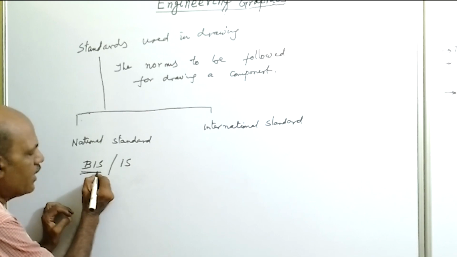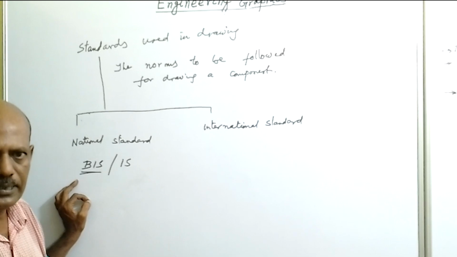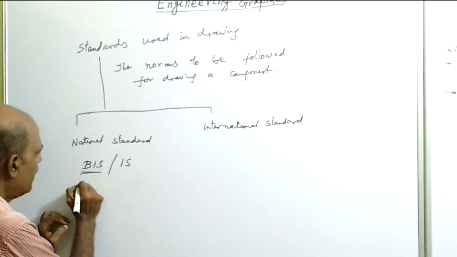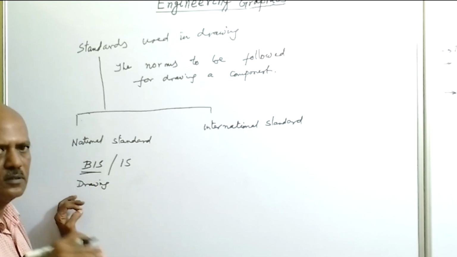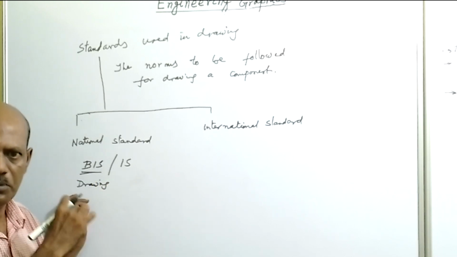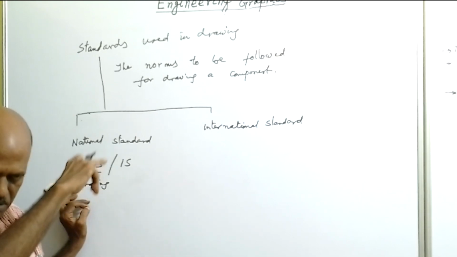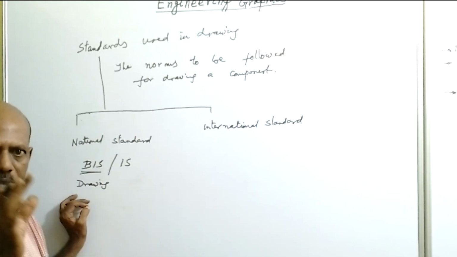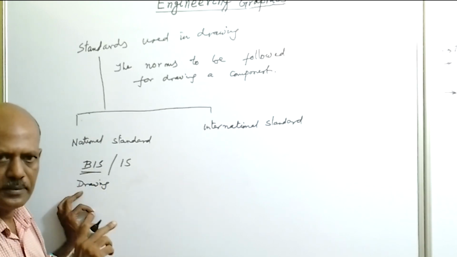This is called the standardization organization for India. It standardizes the drawing of a component, means how the lines, which kinds of lines, thickness of the lines, or drawing of curves, everything is prescribed by this organization.